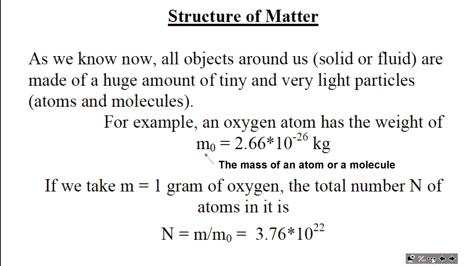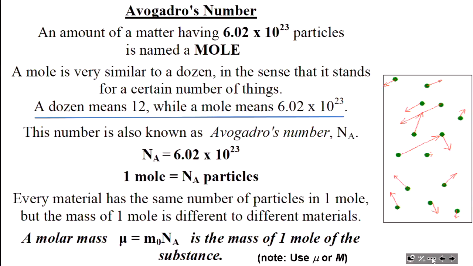And if we take a certain amount of any gas or any matter for that matter, the number of molecules is huge, 10 to the 22nd, 23rd, 24th, 25th. So in order to deal with numbers like that, people, chemists actually, have invented an additional unit. They call it a mole.